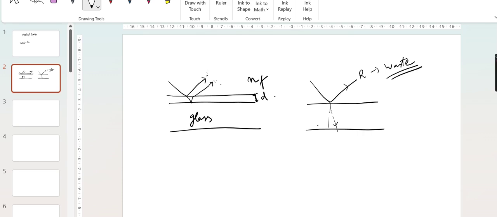That is the basic idea behind the anti-reflection coating.